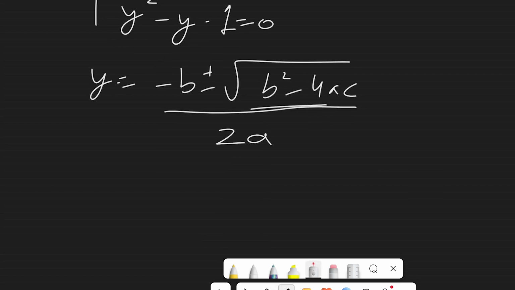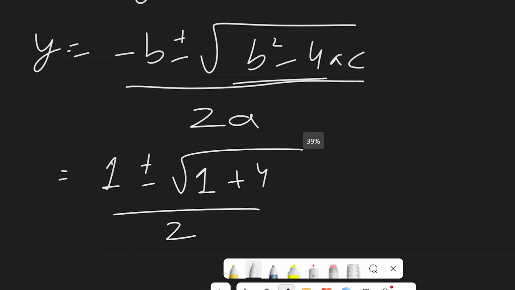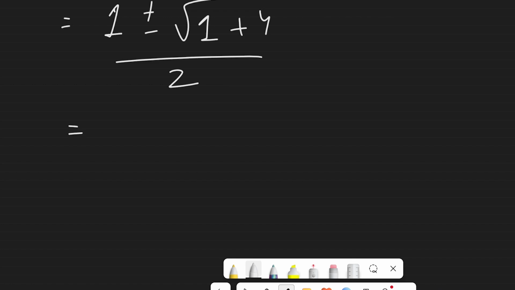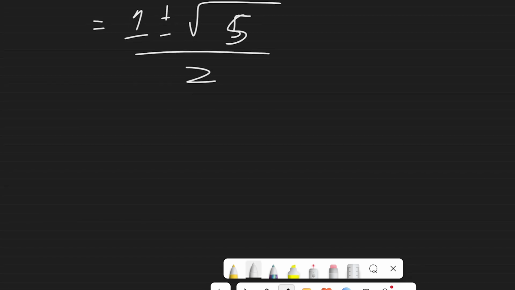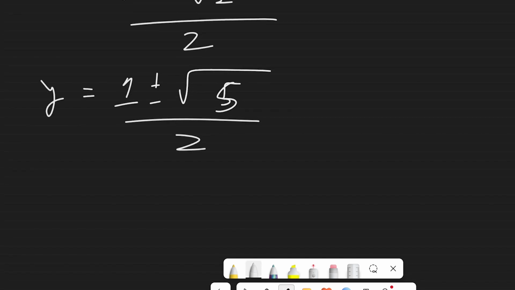So minus b would be plus 1, 1 plus minus square root of minus 1 squared, which is 1, minus 4 into 1 times minus 1, which would be plus 4, so 1 plus 4, over 2 into 1. So it would be 1 plus minus square root 5 over 2. This is the value of y.